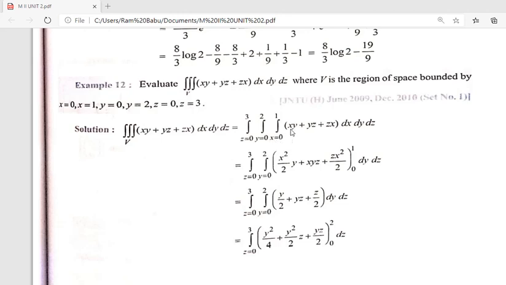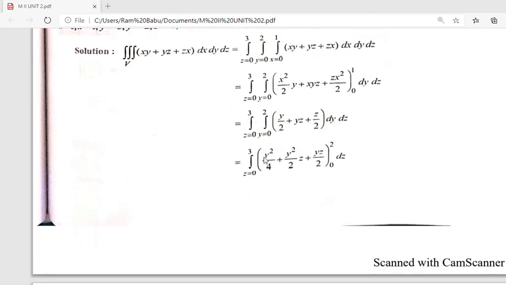The integral value of xy is x square by 2 into y, plus xyz, the integration of yz with respect to x is xyz because yz is constant, plus z into x, the integral value of x is x square by 2, z into x square by 2, limits 0 to 1, dy dz, with z equals 0 to 3, y equals 0 to 2.